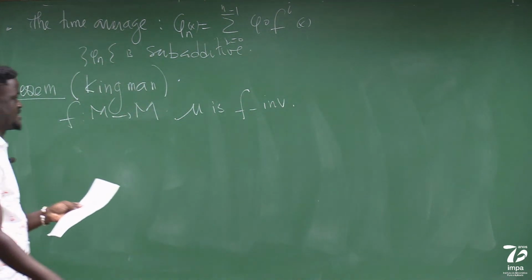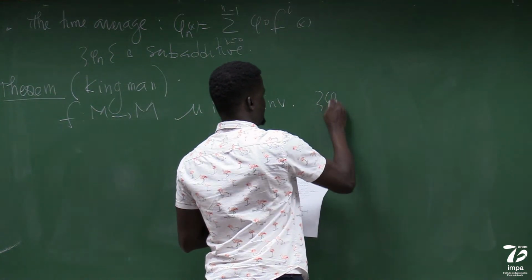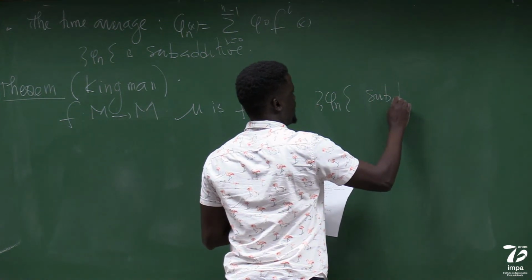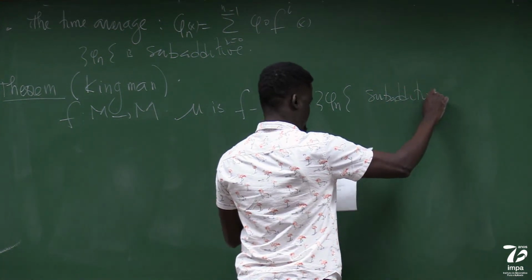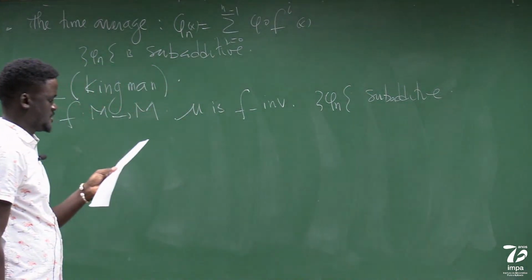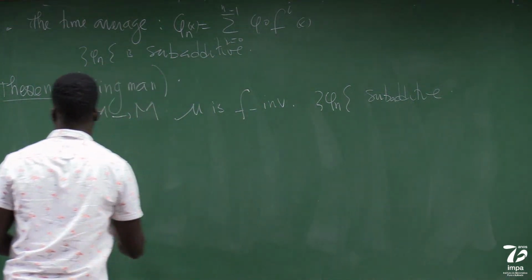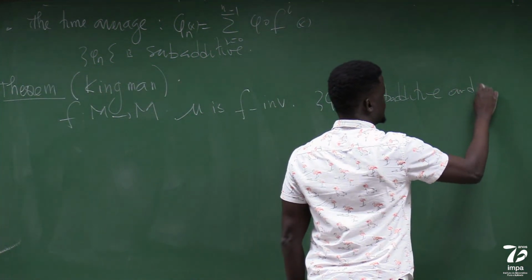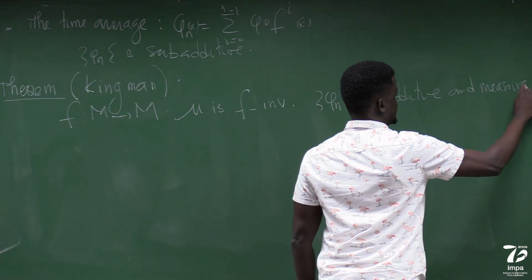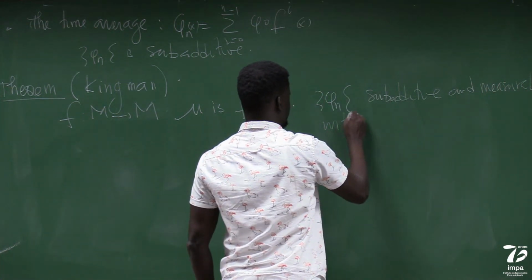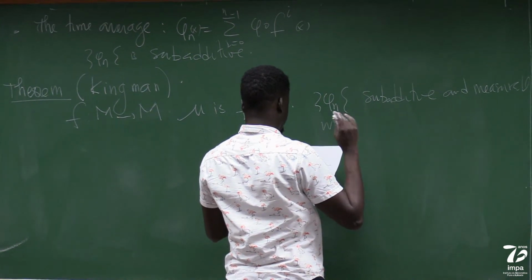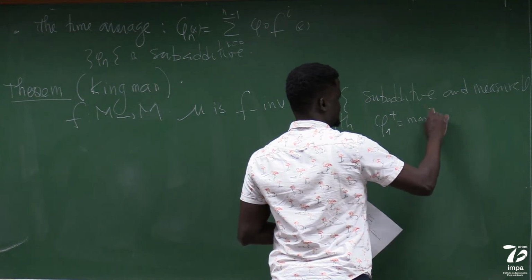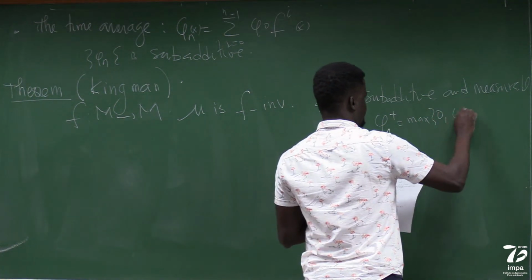If you have a sequence of functions phi n that is subadditive and measurable, there is another property that the first one is integrable, which is the maximum between 0 and phi 1.